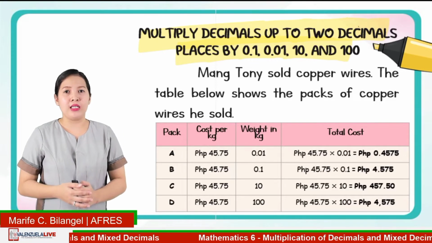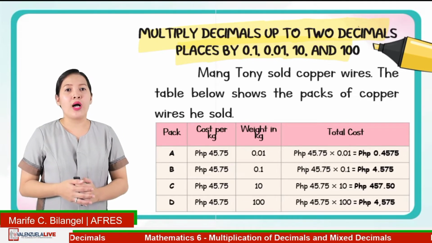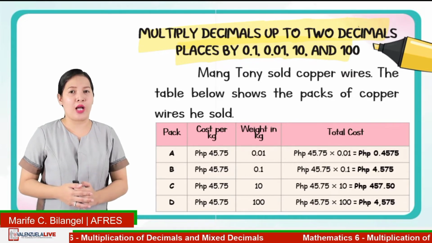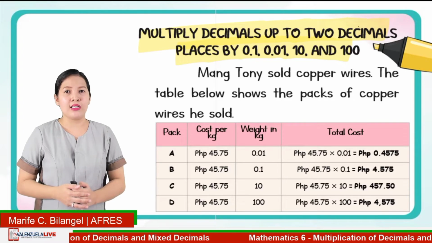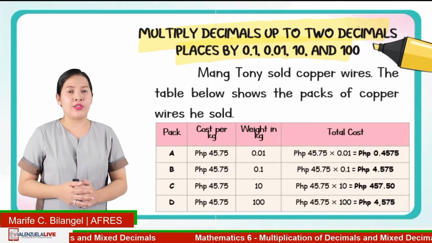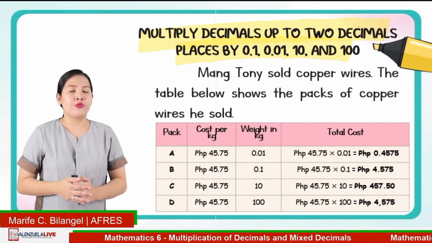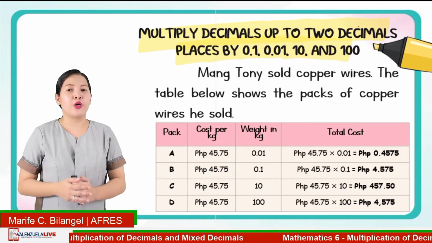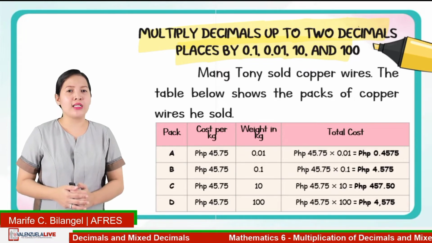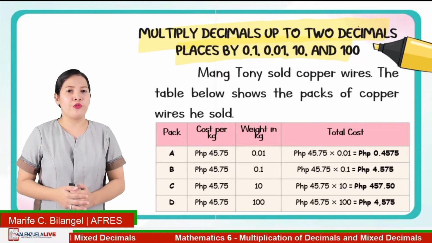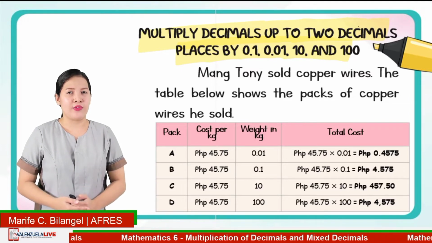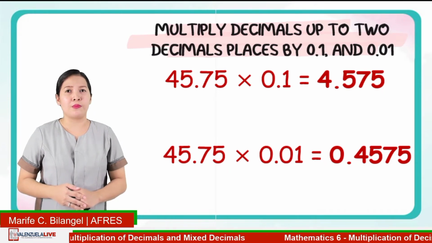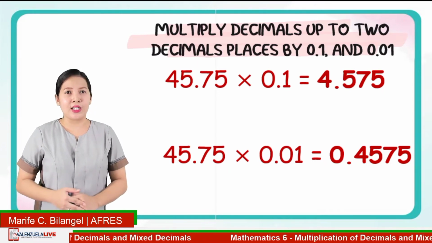For pack B, which weighs 1/10, it costs 4 and 575 thousandths. For pack C, which weighs 10 kilograms, it costs 457 pesos and 50 centavos. And for pack E, which weighs 100 kilograms, it costs 4,575. So how to multiply decimals up to 2 decimal places by 1/10 and 100?